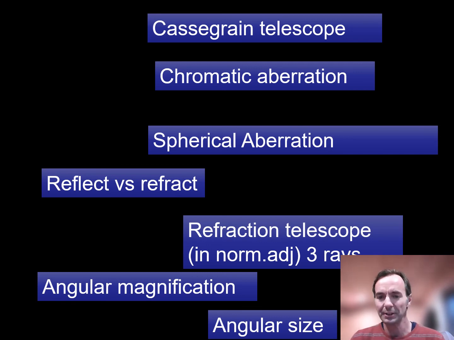Angular magnification, which is your f0 over fe, or your ratio of your angles: angular size, the size of the object far away divided by the distance from your eyes to it, and that gives you the angle in radians. Remember, so that's a recap of what we've learned so far.